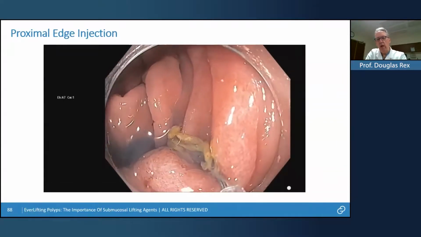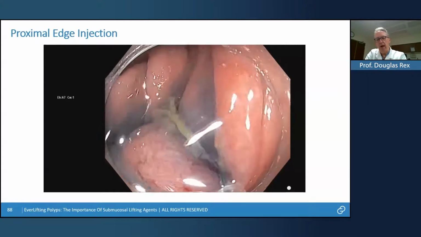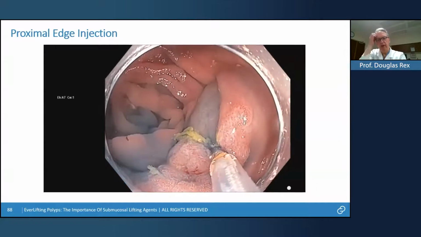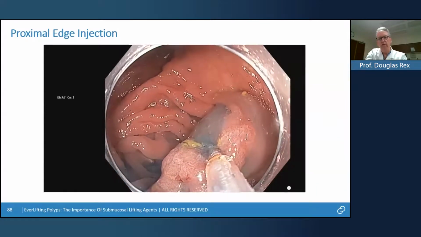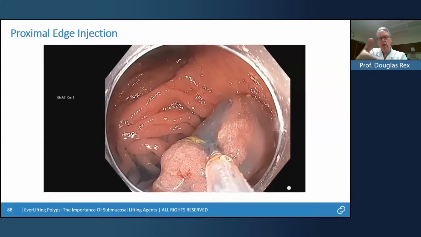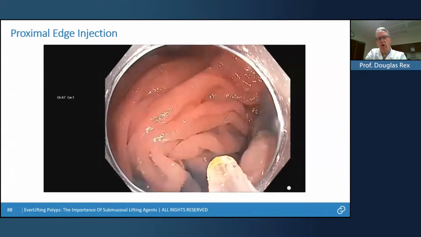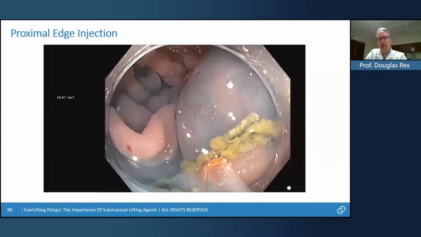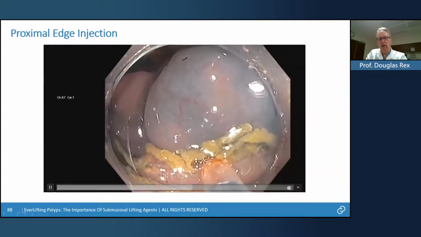And if you get a little bit of a mound of fluid starting to build up and pushing that edge up, then you can follow that initial mound down around the proximal edge, the cecal side edge of the lesion, and be able to inject well.